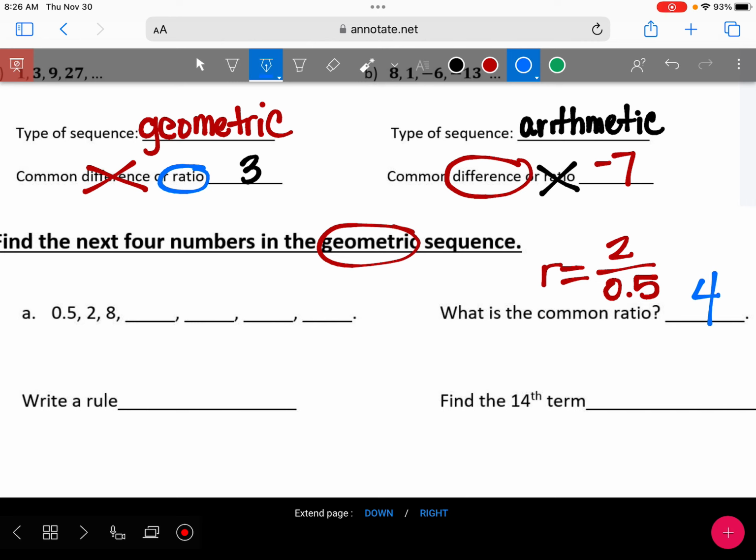So now that you know your common ratio is 4, go ahead and find the next 4 terms. Keep multiplying by 4 to find the next 4 terms.